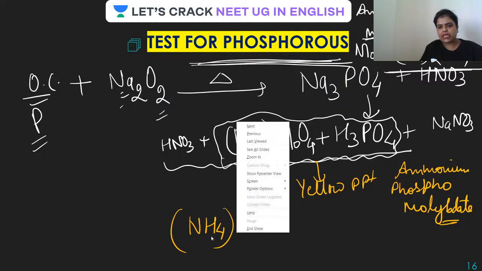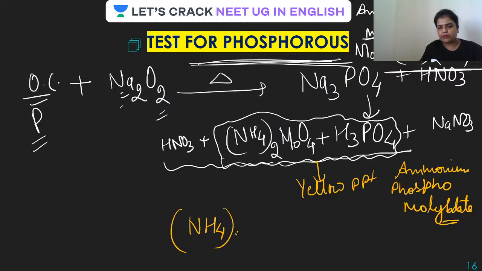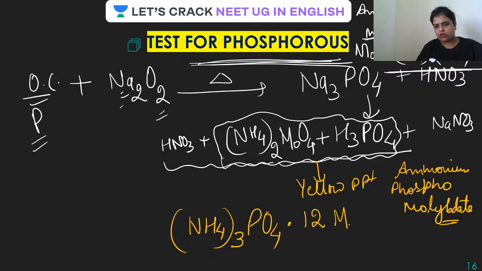Ammonium, yes, NH4 whole thrice, since phosphate has a 3- charge and ammonium has a +1 charge. So just write down ammonium phosphate. And then write 12 and then molybdenum and O3. It is a yellow precipitate.